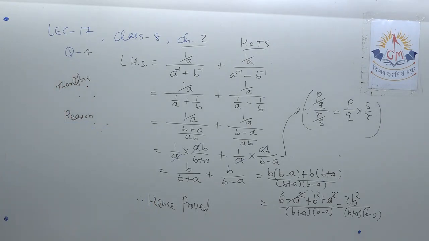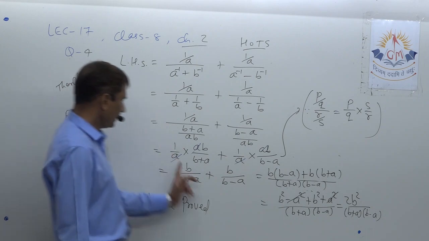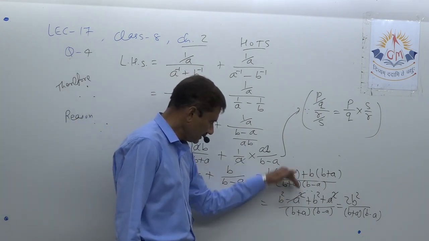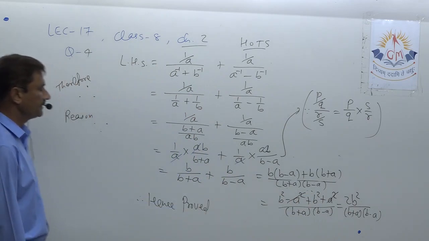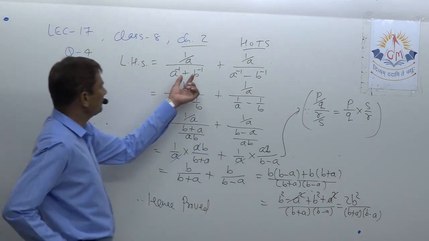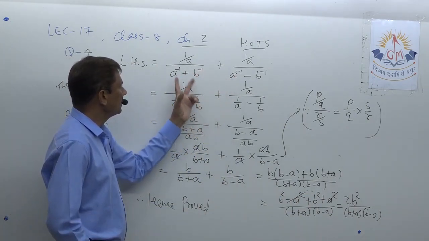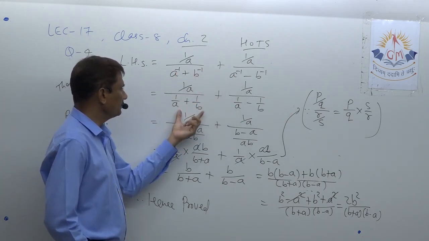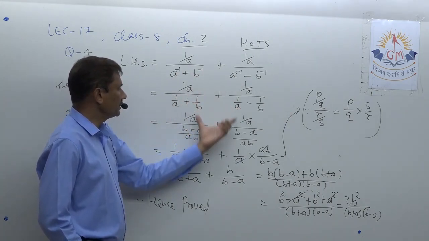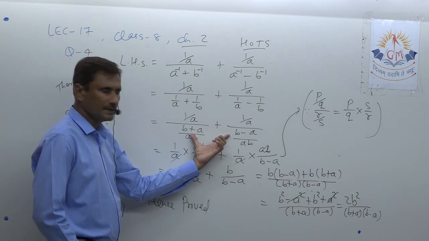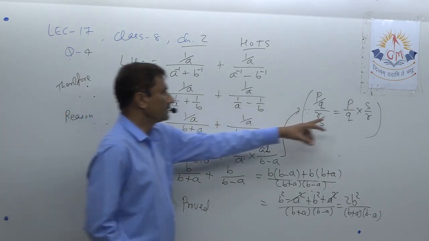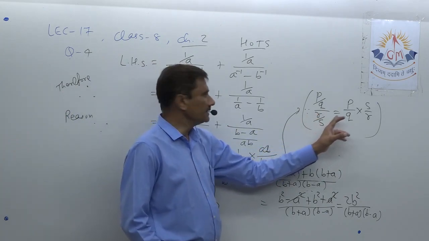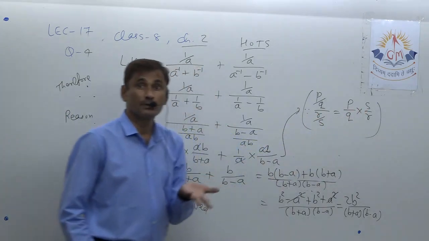Okay, so again, look carefully. I go there only, then this way, that way. Understand? Because no space is there. So first of all, the inverse is removed, means the negative exponent is removed. Then at both denominators, cross multiplication is done, means LCM taken. Then here the divisor is multiplied by reciprocating it.